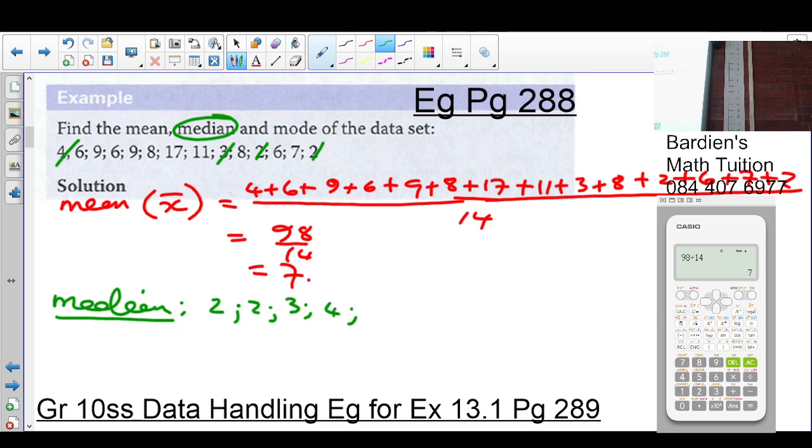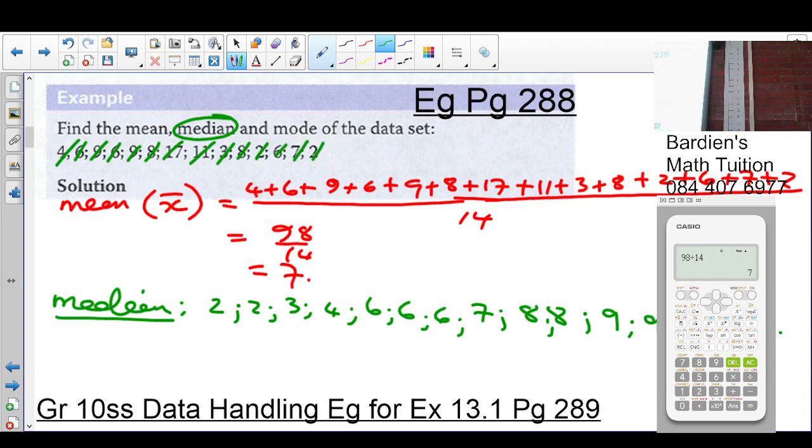One. Two 6s. Then 7. Two 8s. Two 9s. Then 11 and 17.